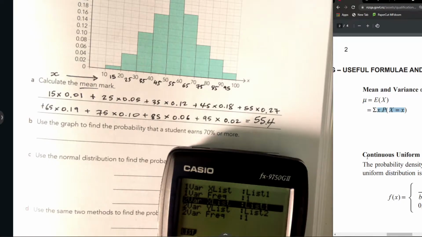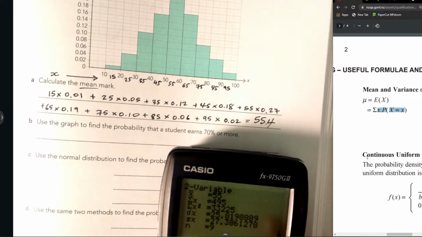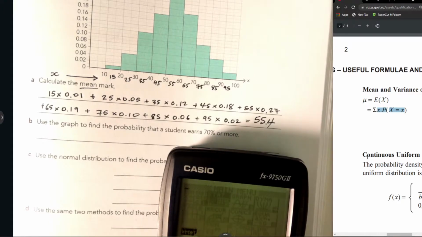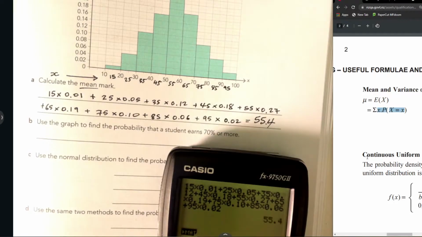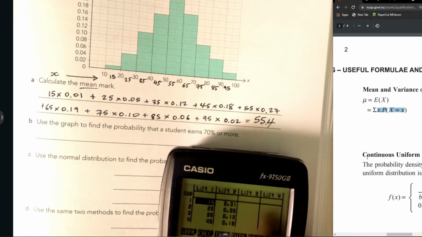Y list is... Did I make a mistake calculating? How am I getting different answers?